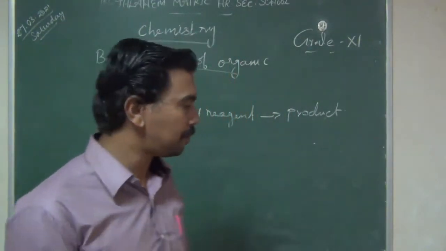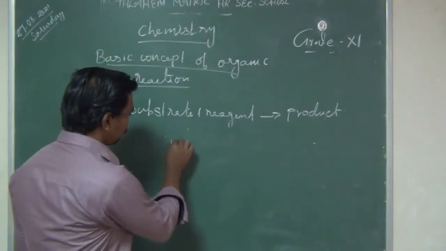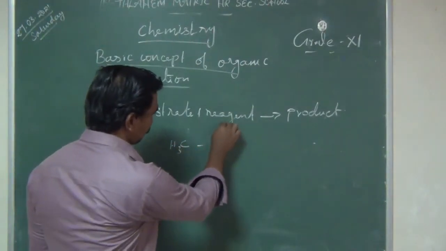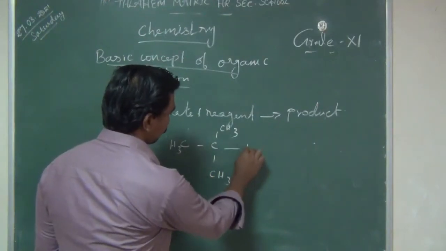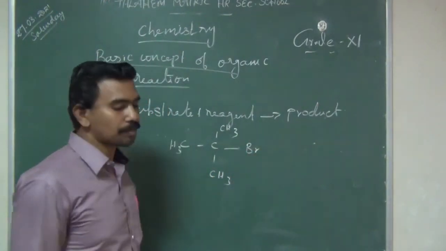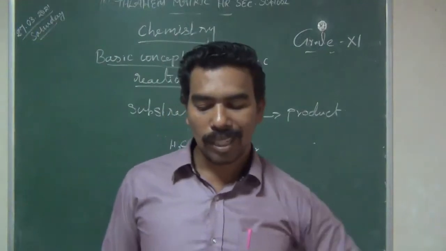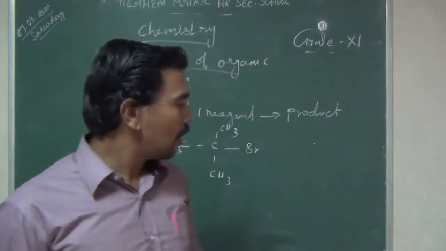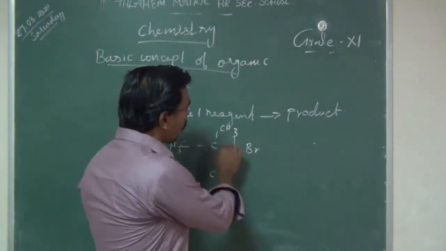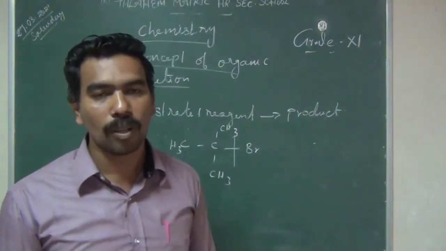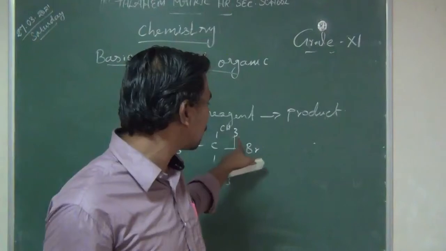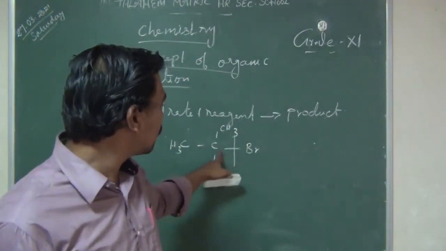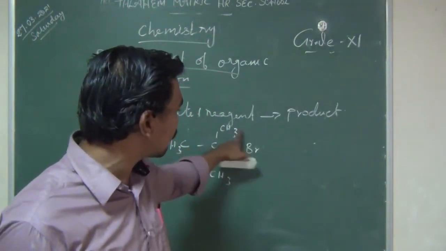Butyl bromide. Here heterolytic cleavage occurs in the carbon and bromine bond. When the carbon and bromine bond breaks, this is one part of the substance and this is the other part.